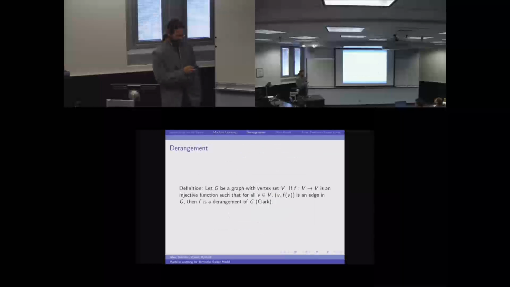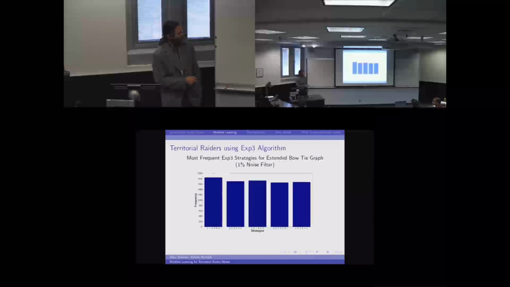So they discovered that there is something called a graph derangement. If you have a graph, then you have a function on the vertices that effectively permutes the vertices, but you can permute them such that 1 can go to 2 only if there is a link between 1 and 2. And what they discovered about all of these strategies is that they are graph derangements.